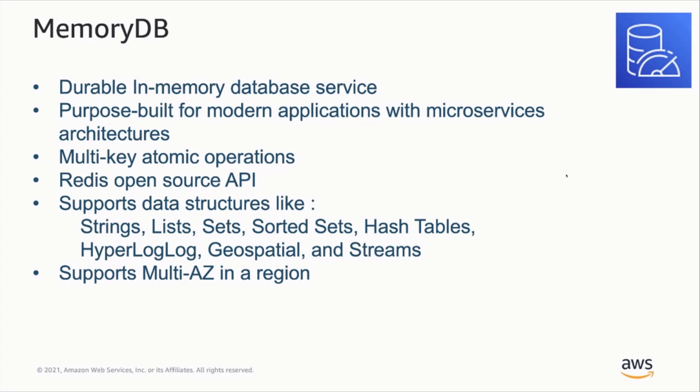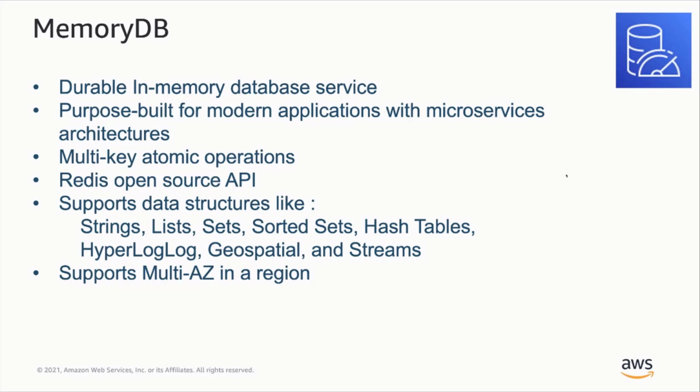Number one, MemoryDB is a fully durable service, and it also supports open source APIs for Redis, which means it provides agility because you can use open source products or APIs and build your application. It also supports multiple data structures, all of them in-memory data structures. For example, it supports strings, lists, sets, sorted sets, HyperLogLogs, and geospatial.